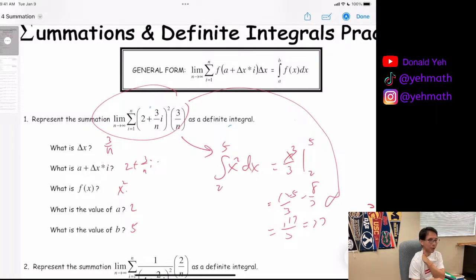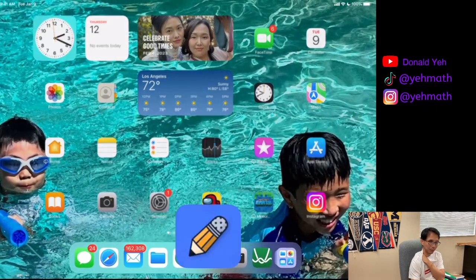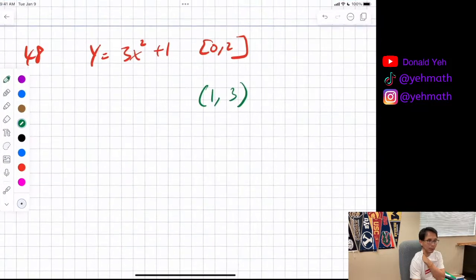So you guys are going to finish this worksheet and also finish those two problems. If it's 1 to 3, what would be the difference? The 2 over n is still going to be the same, but the a is going to change to 1, so the calculation is slightly different.